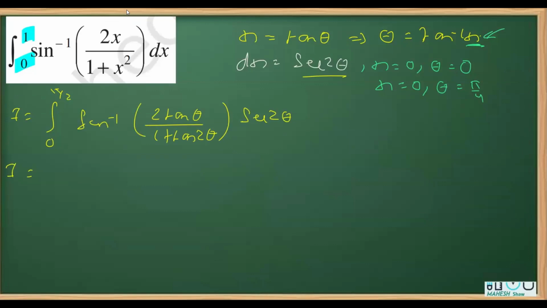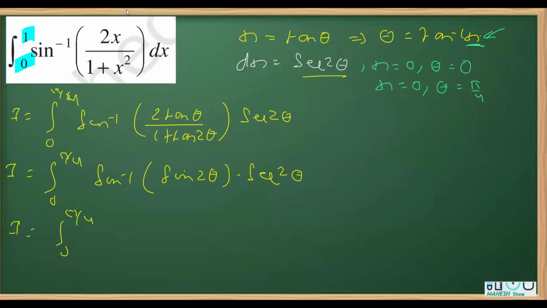So now I is equal to the integral from 0 to pi by 4 of sine inverse of sine 2 theta into sec square theta.